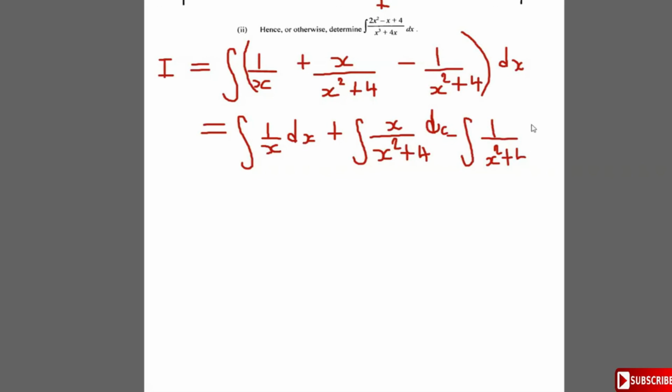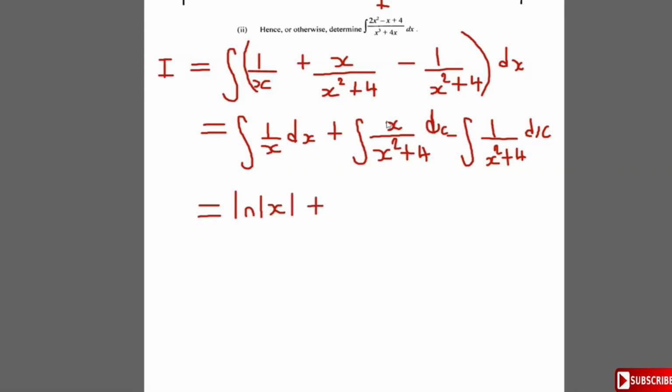Now the integral of 1 over x, we all know that it's just ln. Since they're writing so much modulus, let us just be consistent. It's ln mod x plus.